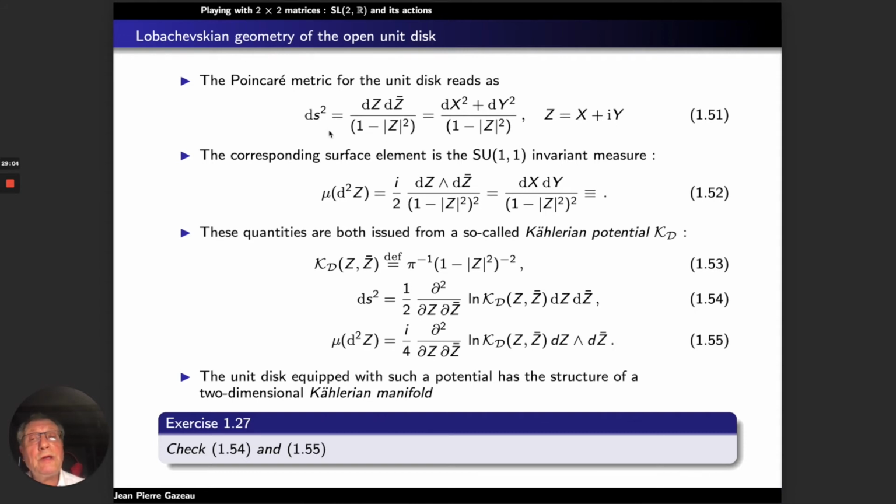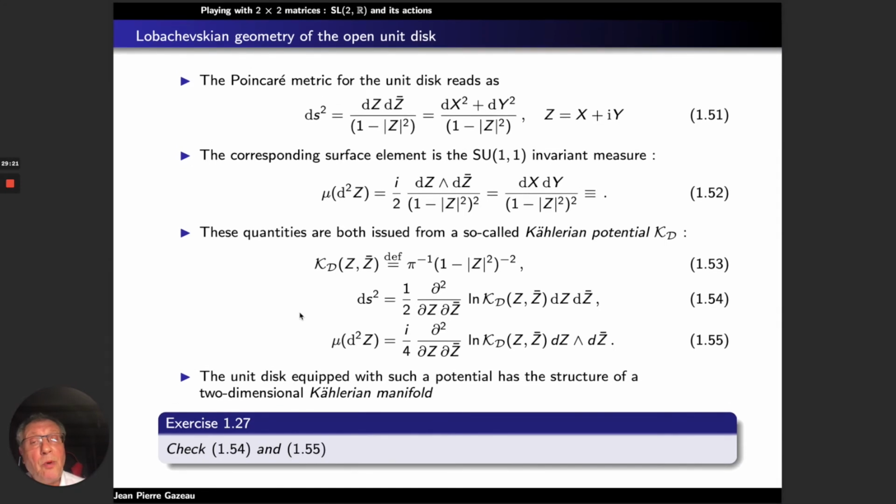And now if we consider the surface element defined in this way, this of course defines a measure on the unit disk which is invariant under SU(1,1).